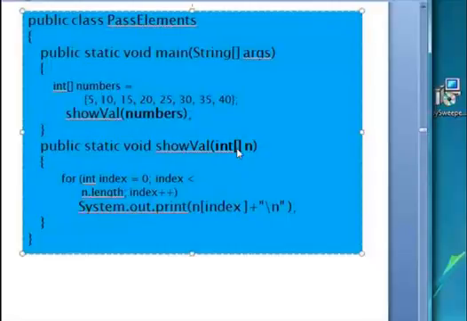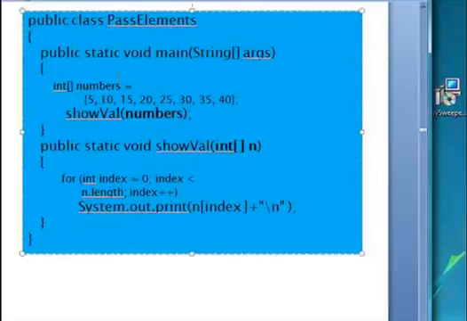Don't make a mistake, this is int open bracket, close bracket, n. And the array n is this array number that I have. So the argument right here is passing the whole array with its content. So we can pass the array numbers to this one. Let's see how you're going to deal with it.